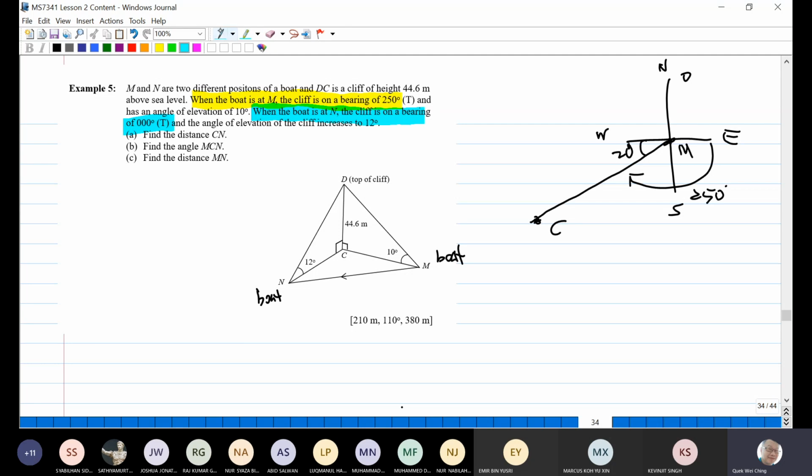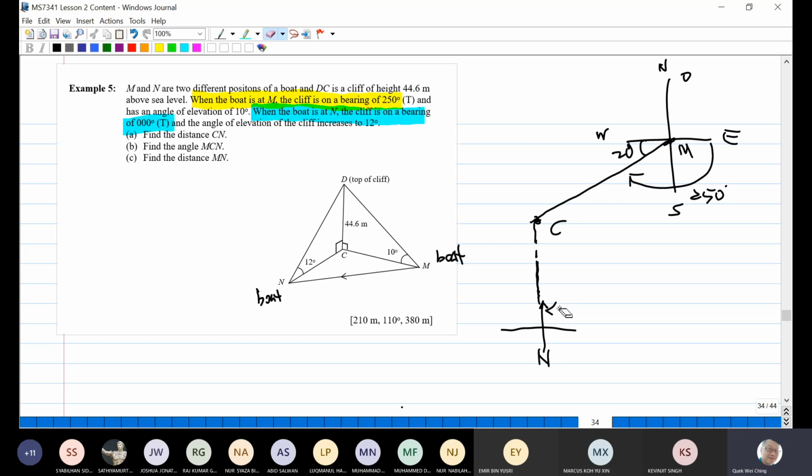This is N here, somewhere here, with the cliff directly north. It's a bit confusing. So the North Pole is here, and this angle here is 000, because this is directly toward the North Pole. So the angle is actually 0.